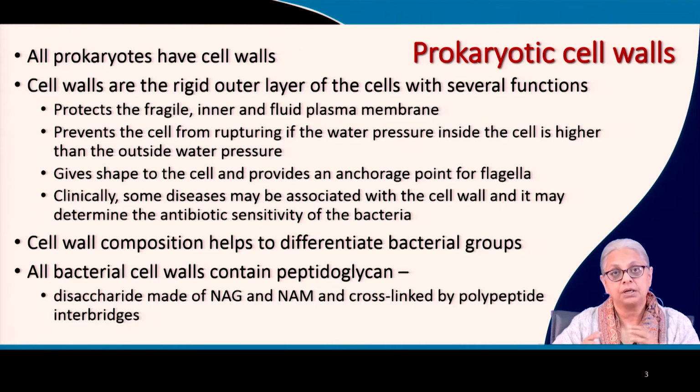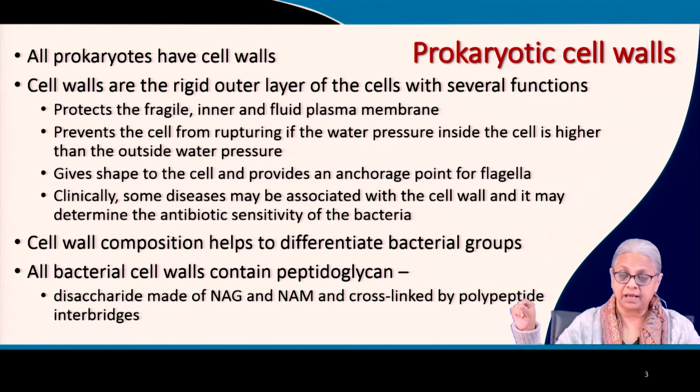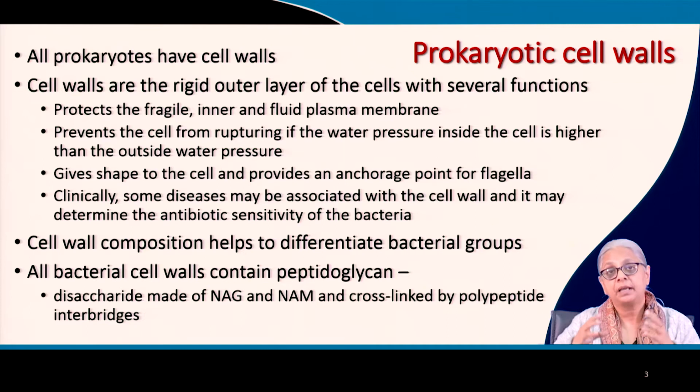The glycan part, if you remember in cell chemistry in the previous topic, we looked at NAG and NAM. So N-acetylglucosamine and N-acetylmuramic acid are the building blocks of the cell wall. So these are disaccharides that form the glycan part of it, and these building blocks form strands, and these strands are cross-linked to each other by polypeptide interbridges.